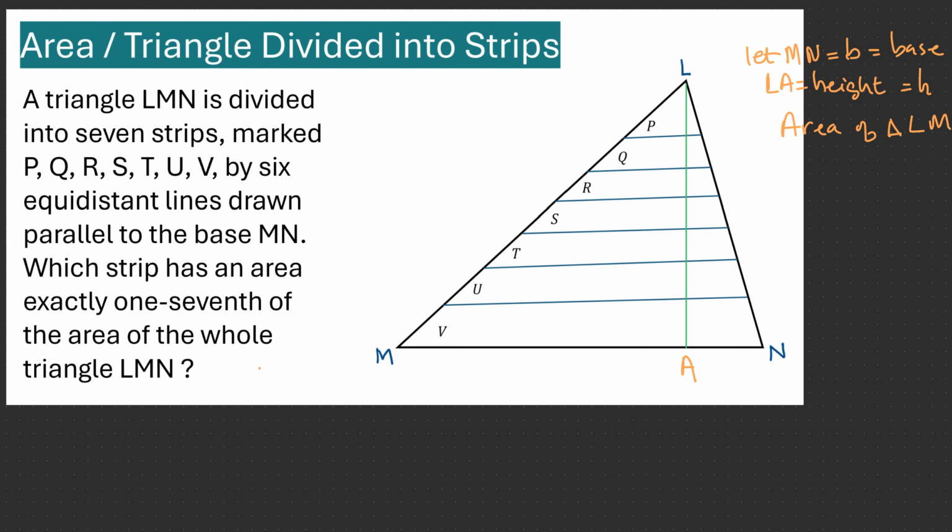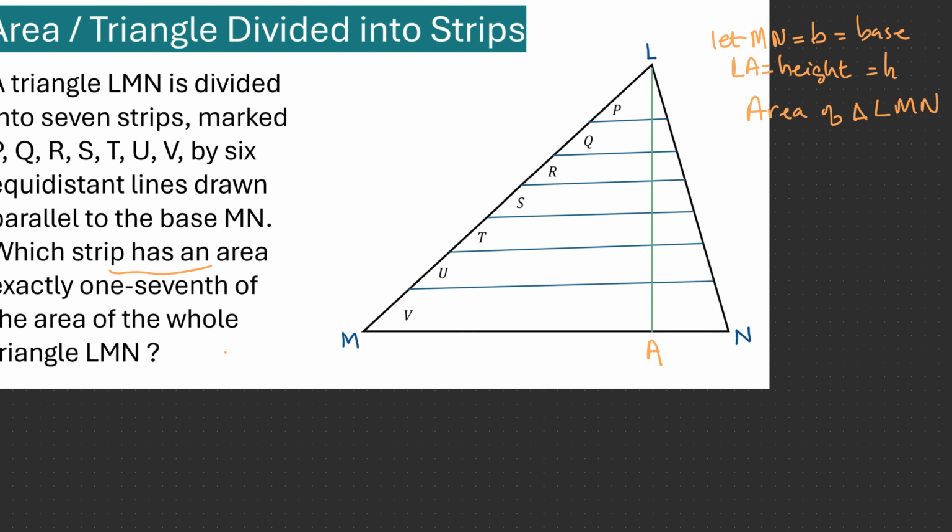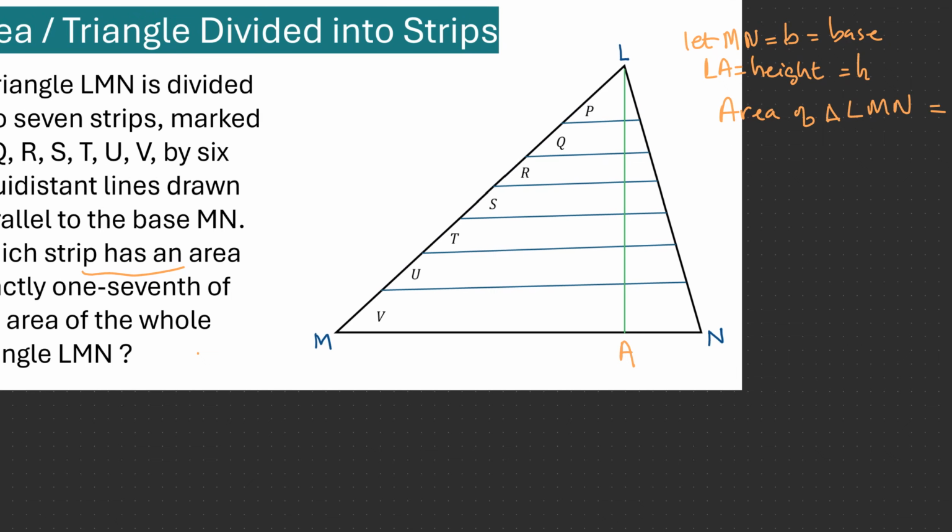Now what we've been told is we need to find which of the strips has an area. So that means we need to find the area of all these strips. If the triangle has been divided into 7 strips, 1, 2, 3, 4, 5, 6, 7, each of equal height, then this is h over 7, and so is this. So all of these little heights are h over 7.